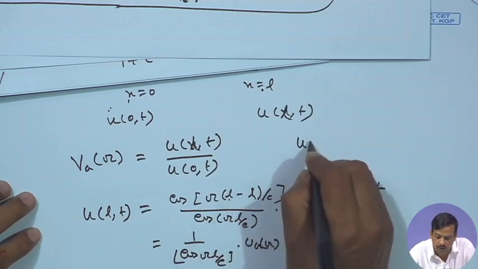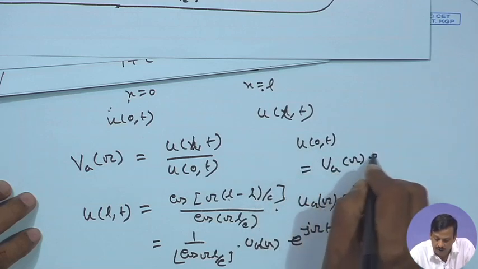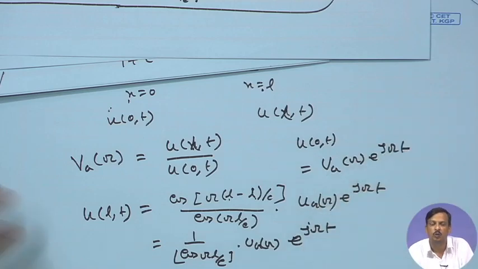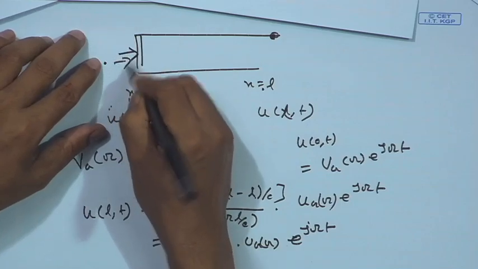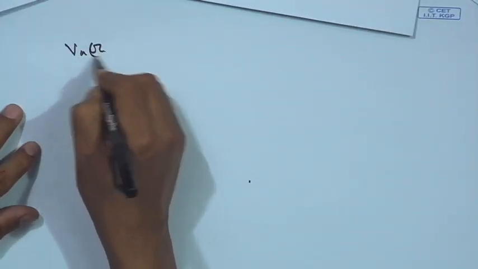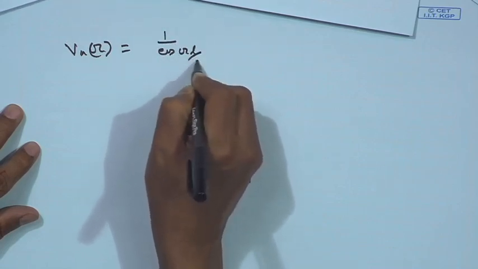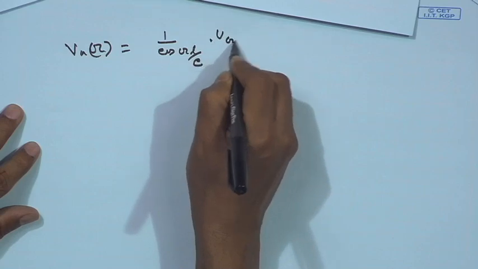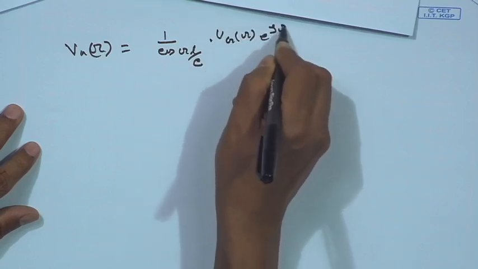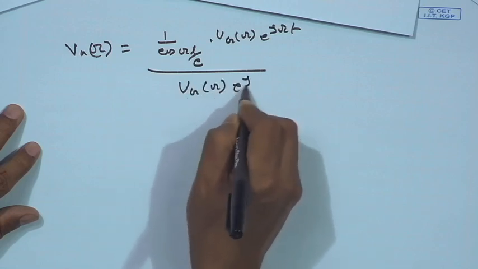Now, what is u 0 t? u 0 t is nothing but U_g omega e to the power j omega t, which is the glottal impulse at the glottis point here. So, if I say u_L t by u 0 t, so V_A omega is nothing but u_L t, 1 by cos omega L by c into U_g omega e to the power j omega t divided by U_g omega e to the power j omega t.